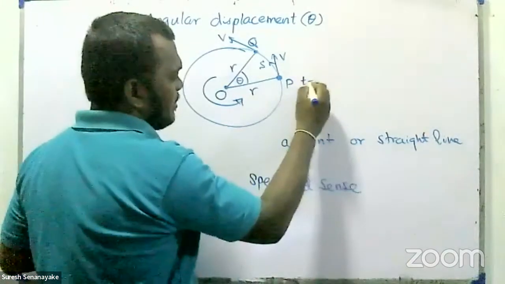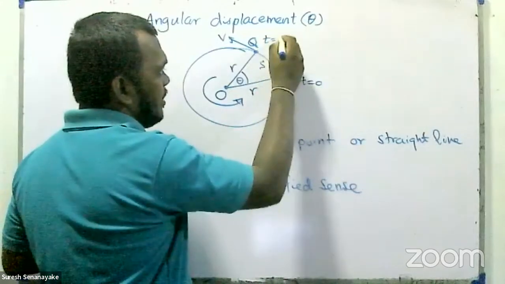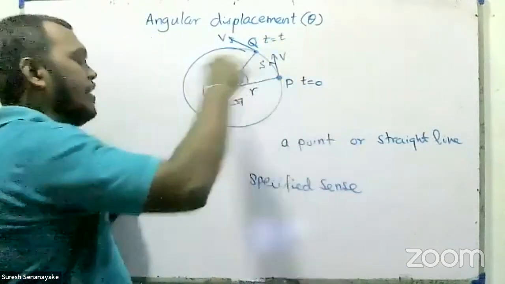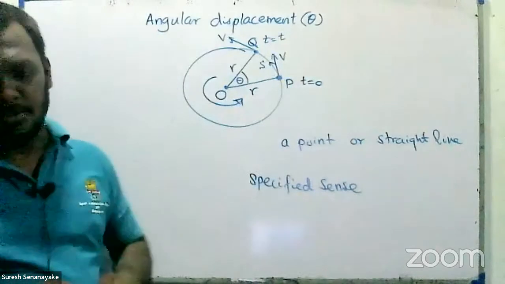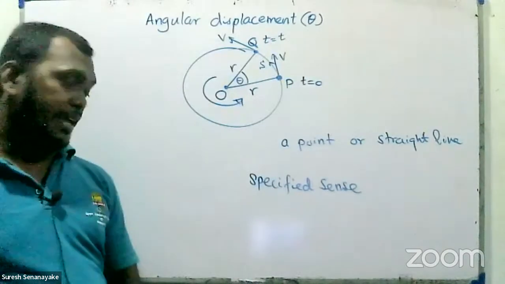These are measured from zero, starting from this point, so we can keep that to make an angle. So the angular displacement is a scalar quantity.